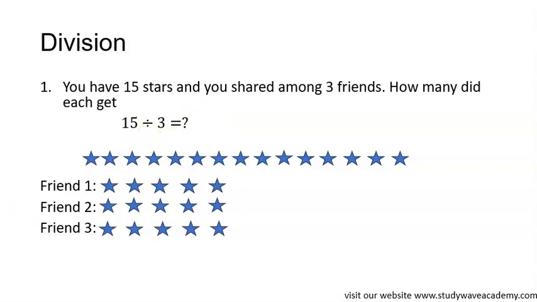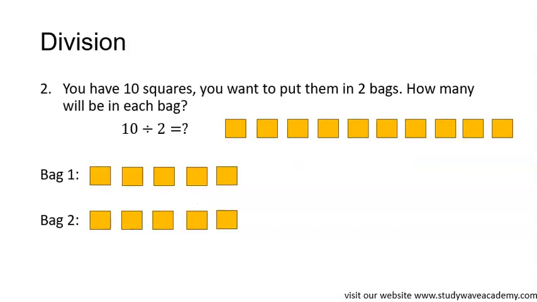Okay, let's look at another division. We have here, you have 10 squares. You want to put them in 2 bags. How many will be in each bag? You have 10 squares and you want to divide them. You want to group them into 2 bags, okay?